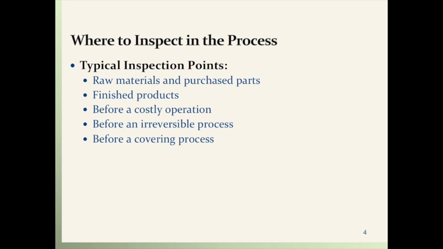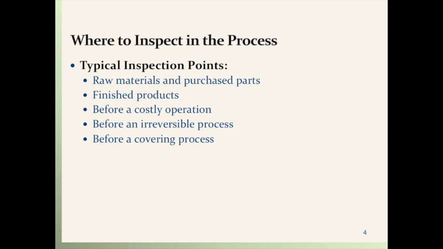And then before an irreversible process. So we build boards that are for flight, and one of the last steps is you put a coating over the board that cannot be replaced.